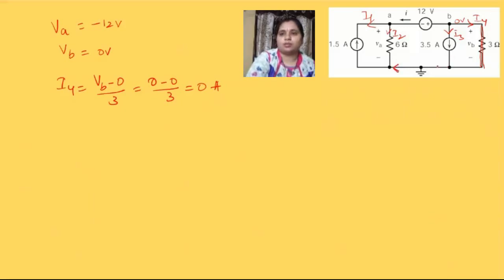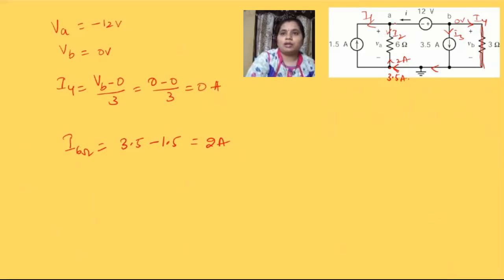This 3.5 amperes is now flowing to this point. At this junction there is a division of current into the 6 ohm branch and the 1.5 ampere source. So the current in the 6 ohm resistor is 3.5 minus 1.5, which is 2 amperes.